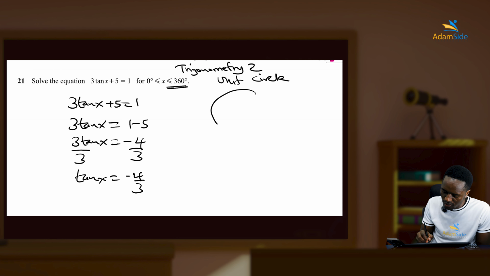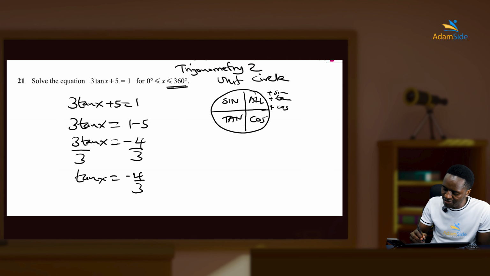In the unit circle, we have to know this: sine, tan and cos are all positive in the first quadrant. This is the first quadrant, second quadrant, third quadrant, fourth quadrant.